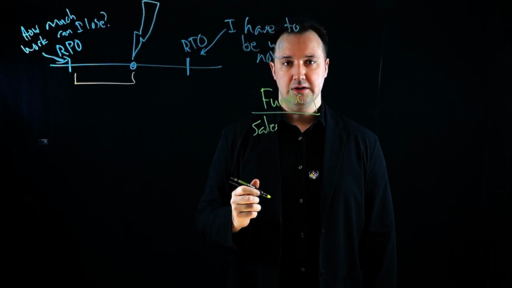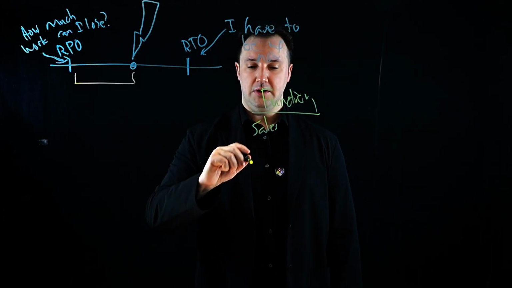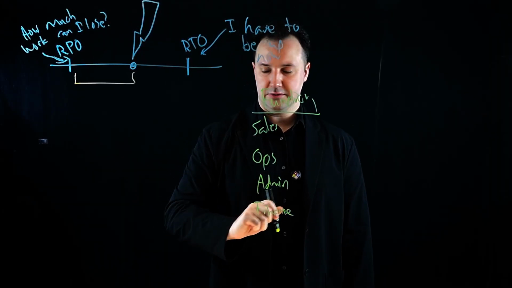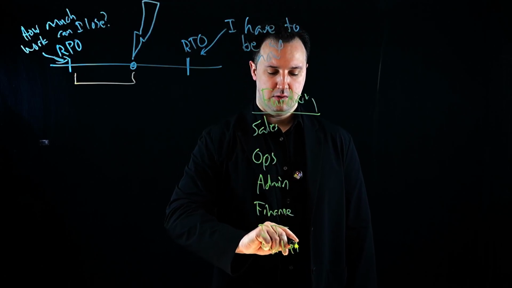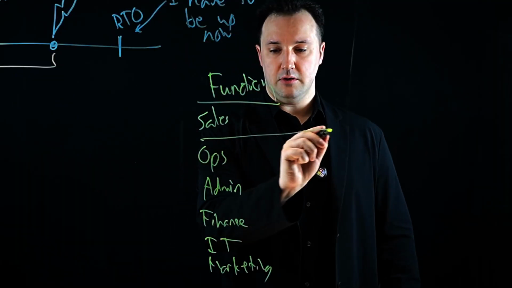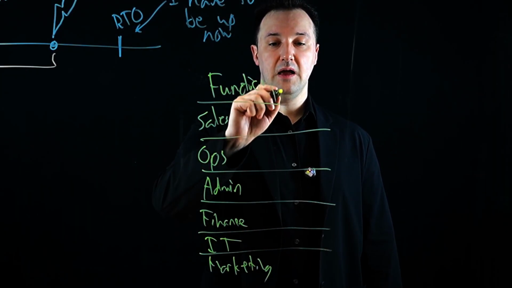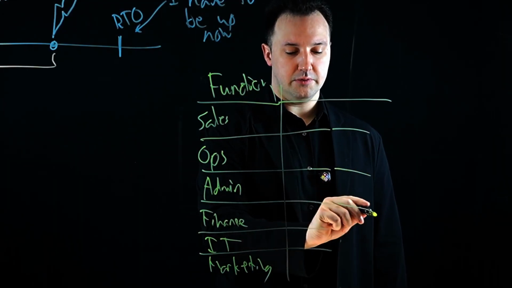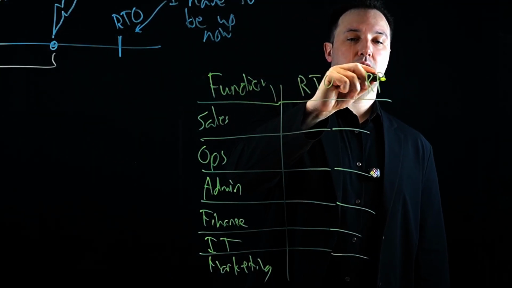I'm doing the same thing as we did in the impact assessment video, but whatever you did in other videos, you just do the same things here. We have sales, ops, admin, finance, IT, and marketing. So all you would really need to do is figure out what these are, because you already have those. And then you record in terms of time or numbers your RTO and your RPO.